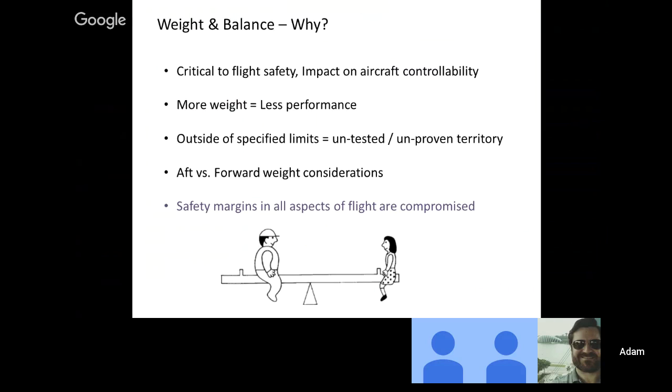And it's important also to note that some pilots will operate their aircraft at the maximum weight. Some even will admit that they operate it outside of its limitations. And even though aircraft are designed with certain safety factors, operating the aircraft outside of its weight and balance limitations is just completely unproven engineering territory.